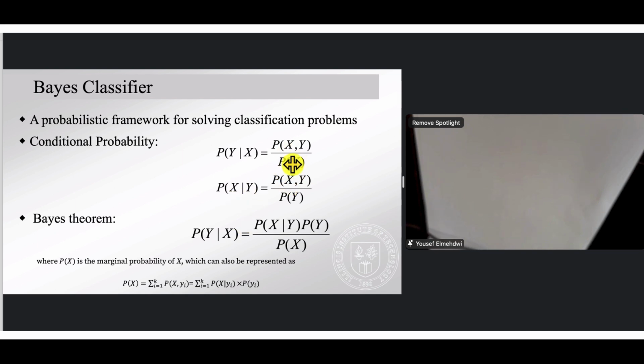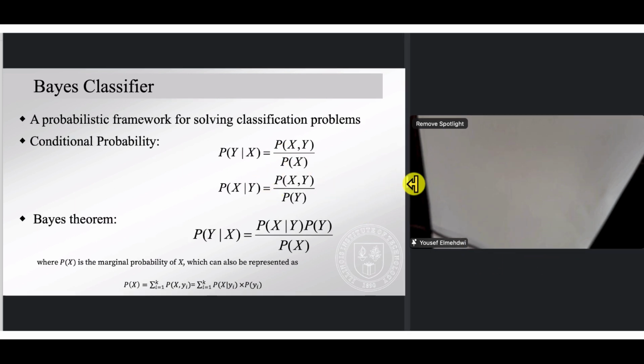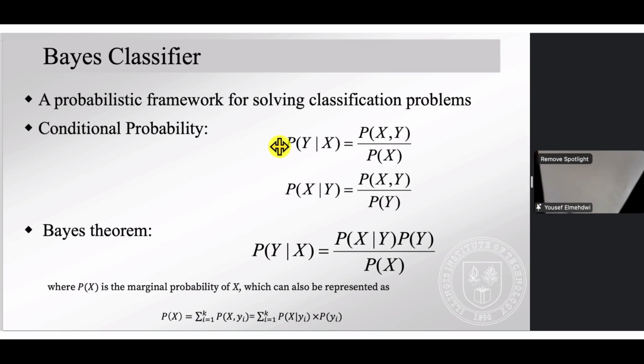I showed you last time how you can compute the marginal probability. It depends on what you're trying to calculate: whether the probability that event y occurs given that event x has happened, or the probability of x happening given that event y occurred.